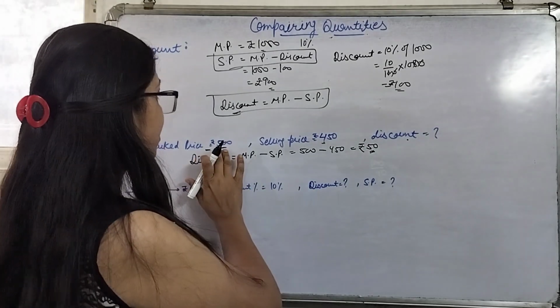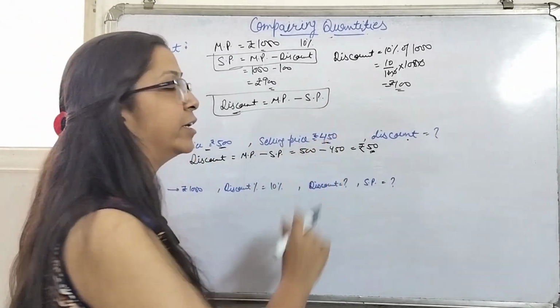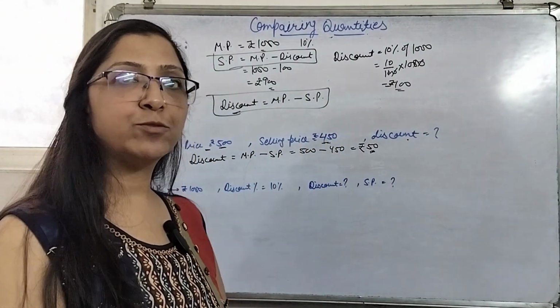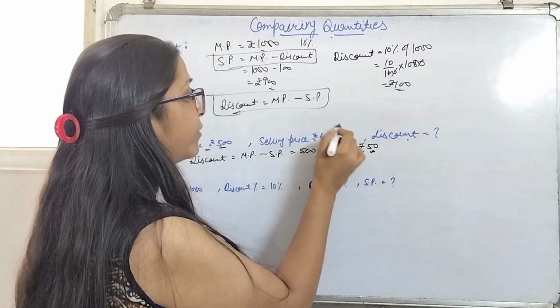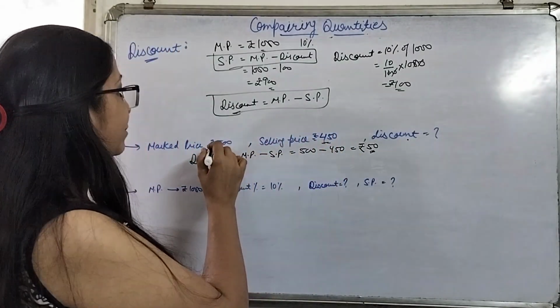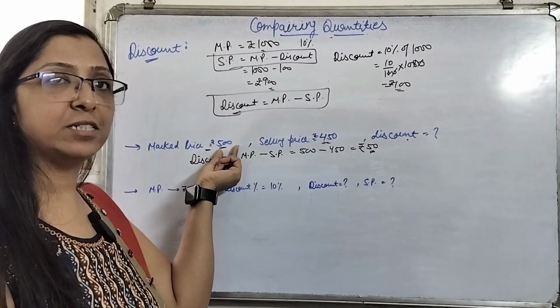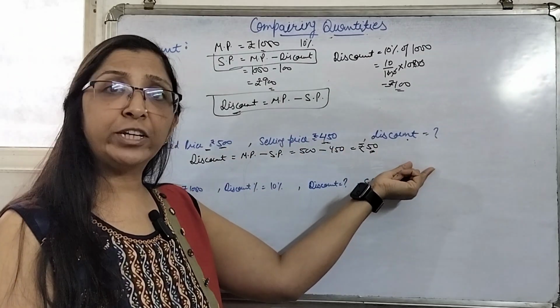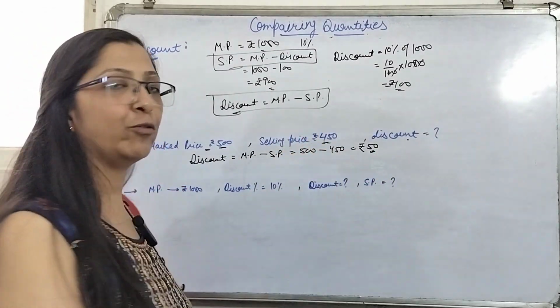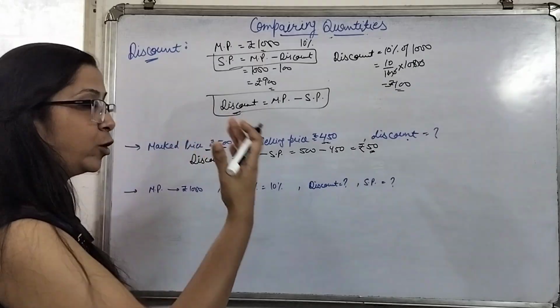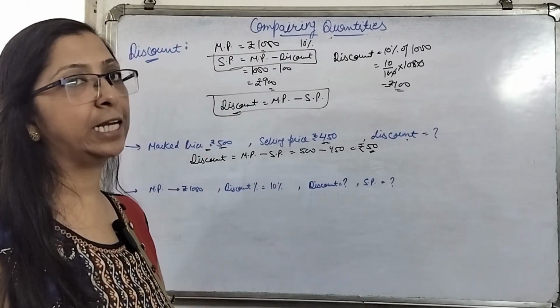Now marked price is 500 but he is selling at 450. But his cost price was 400 only, so still he is having the benefit. He is tempting customers by giving a discount of 50 rupees, but still he is having the profit only. So this is what cost price is, what marked price is, what selling price is.